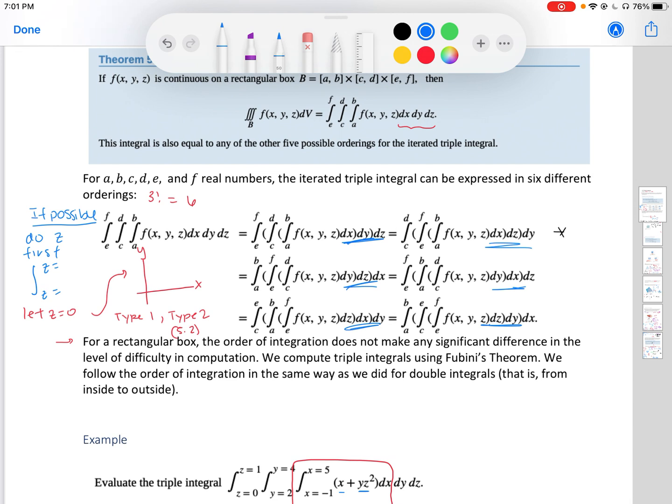Once you have only the xy plane, you can choose whether you want a type 1 or a type 2 setup for the integrals. Whatever it may be, it is always best to let your last integral be in constants, so you want your last integral to be numbers.